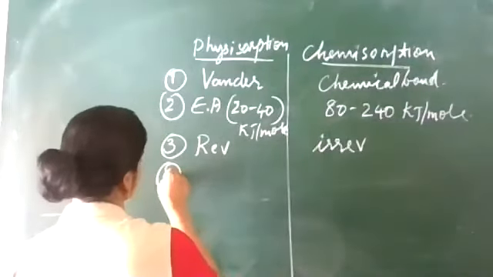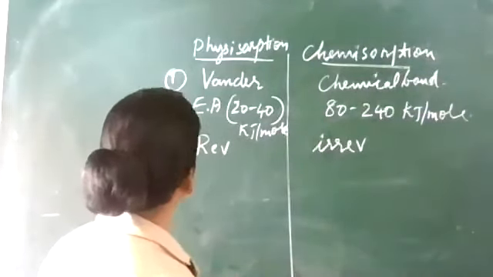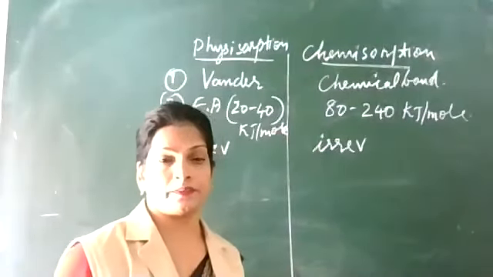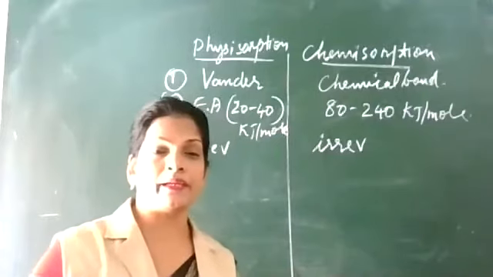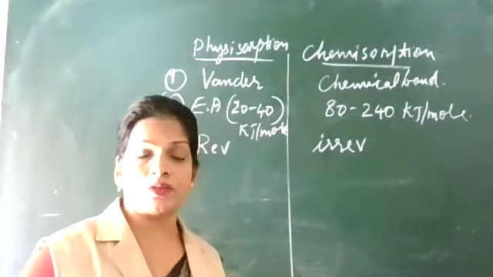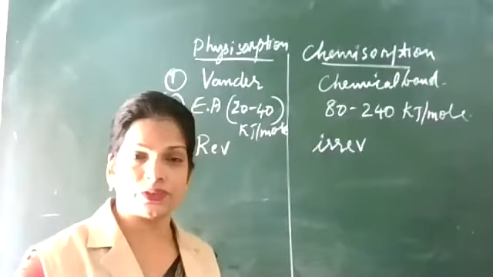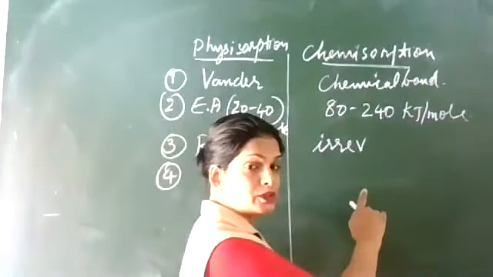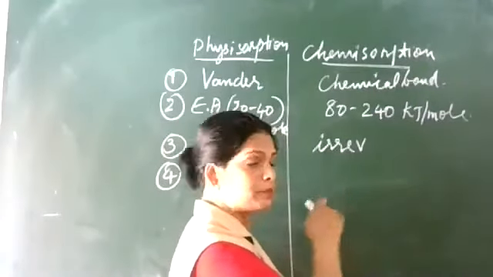Therefore, specific or non-specific: any adsorbate molecule can be adsorbed on the adsorbent in the case of physisorption, but only those molecules which can form a chemical bond will be adsorbed in chemisorption.